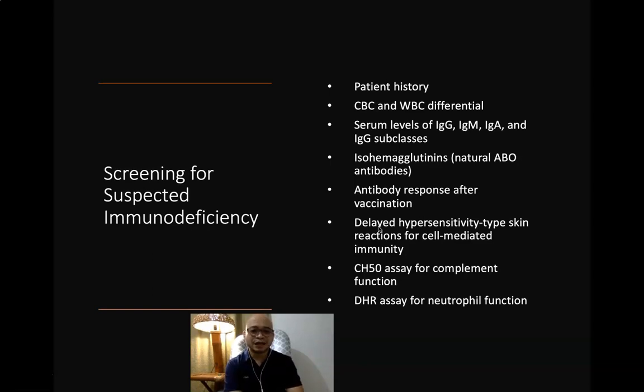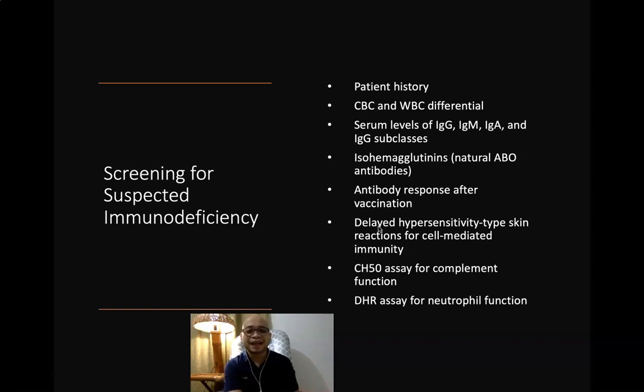Delayed hypersensitivity skin reaction for cell-mediated immunity would also be determined. Okay, so that you'll be able to determine if a person's T cells are still functional, if they can still cause erythema in skin-type and hypersensitivity-type skin reactions.